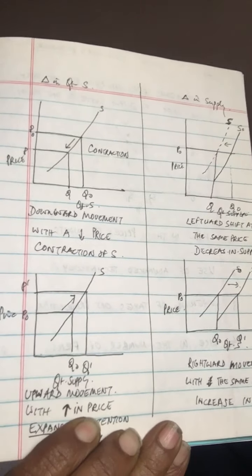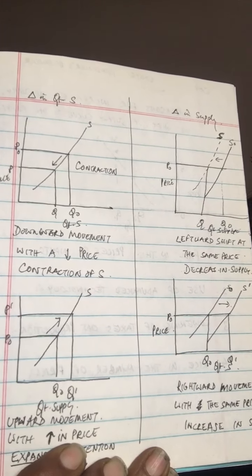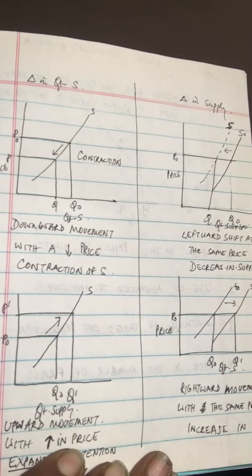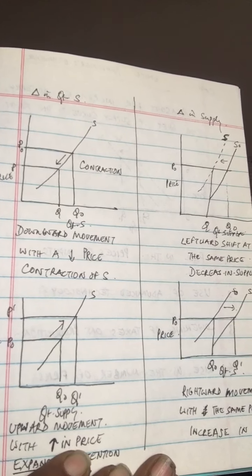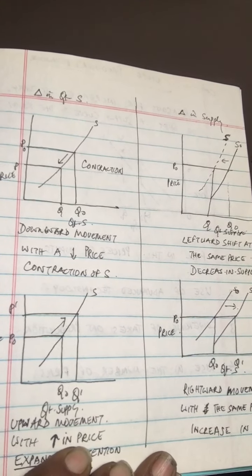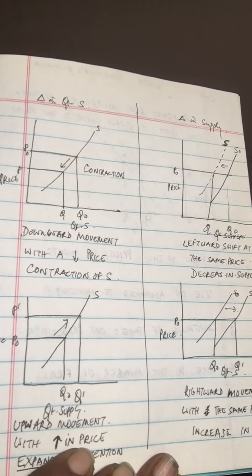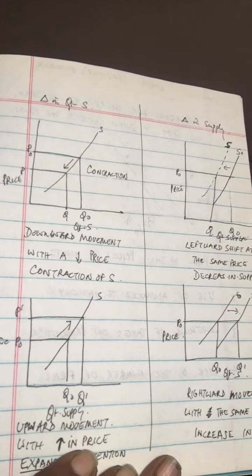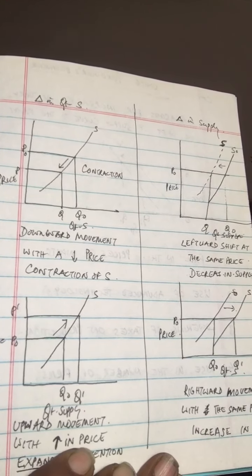Now let's take the other one. We've talked about contraction, we've talked about decrease. Let's talk about expansion. That means upward movement on the supply curve. You can see that from the lower price OP0, it's gone higher. So there is an upward movement. Supply has expanded.